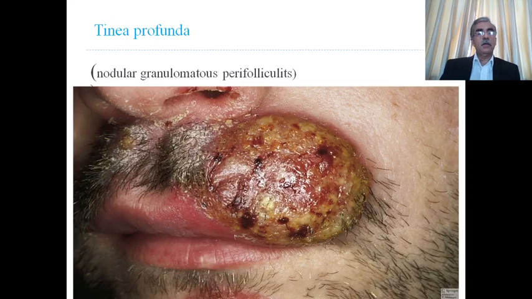This is tinea profunda. Here we can see a large nodular lesion with granulomatous change. So it is basically granulomatous perifolliculitis of skin.